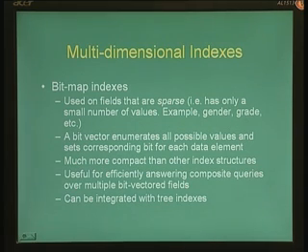Essentially what we do is store a corresponding bit vector that enumerates all possible values and sets the corresponding bit for each data element. It is much more compact than other index structures, because we would be able to answer composite queries like this product and this branch and this week and so on quite efficiently.